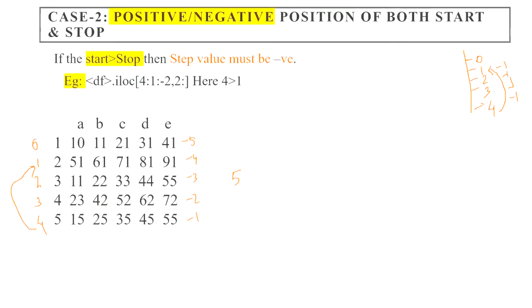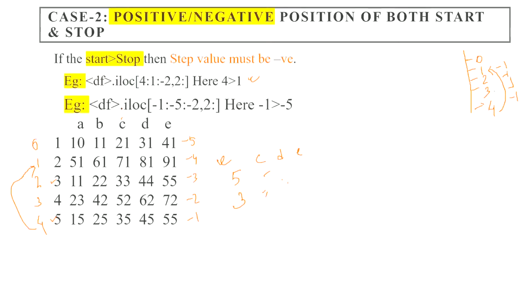At 4 we have 5. Then -2. 4 minus 2 is 2. So it will be 3, right? So 5 and 3 will come as row index. Now the column is starting from 2. So which one is 2? C is 2 here. So C, D, E will come. Okay. For this one, this will be the output and their corresponding values. I am skipping the value part.